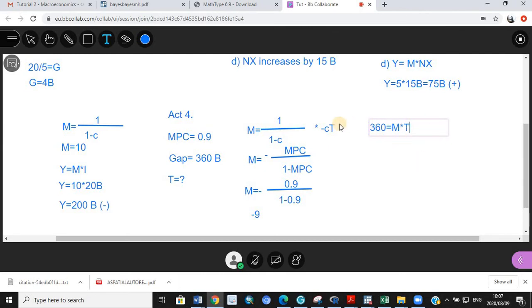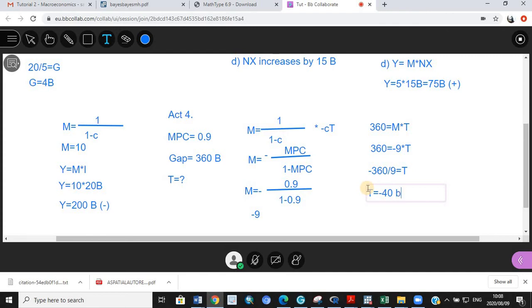We plug in the same tax that was autonomous. So here we have 360 equals minus 9 times t. If we move this to the other side, we have minus 360 divided by 9 equals t, and t is going to be equal to minus 40.